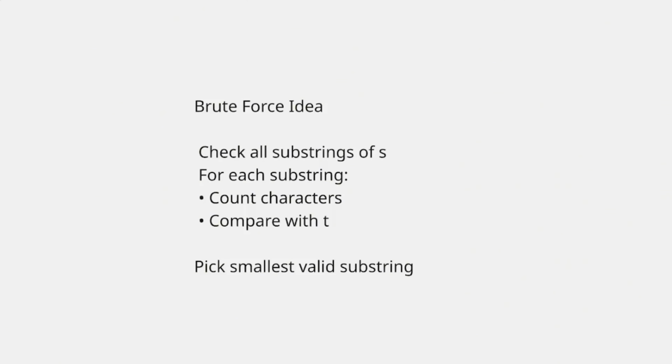So our time complexity becomes n square, and it may become n cube also. For large inputs, it will not be suitable. If the string size is big, it may go beyond 10 power 5 also. So brute force is not practical.